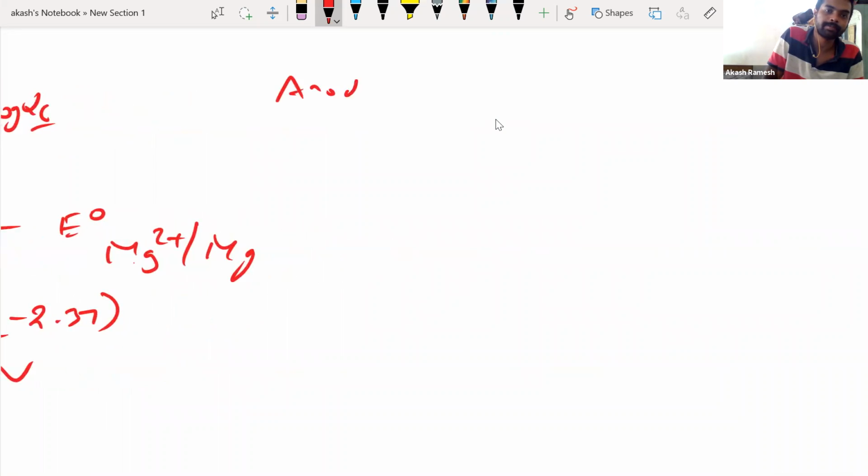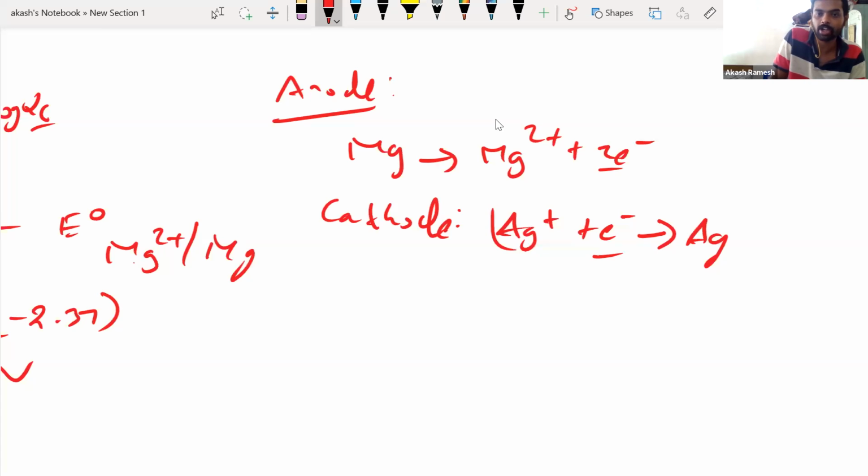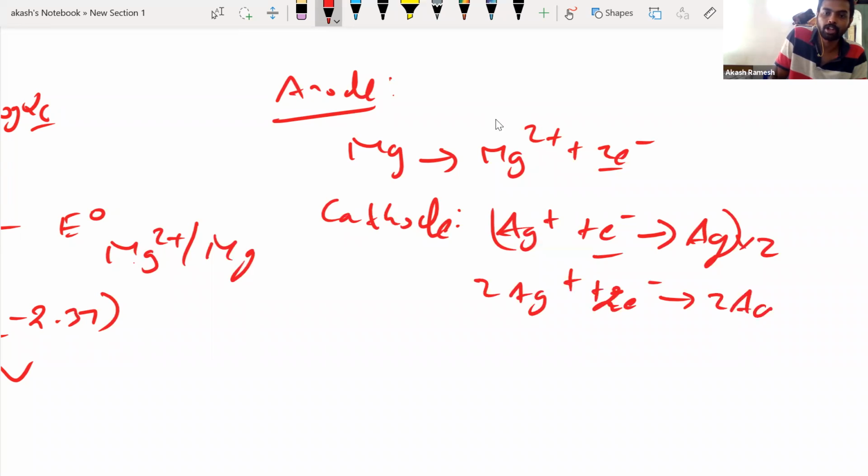So in the anode, I have Mg becoming Mg2 plus by losing 2 electrons, and in the cathode, I have Ag plus accepting 1 electron to form Ag. To make the number of electrons lost and gained equal, I'll multiply this by 2. So 2 Ag plus 2 electrons gives 2 Ag.